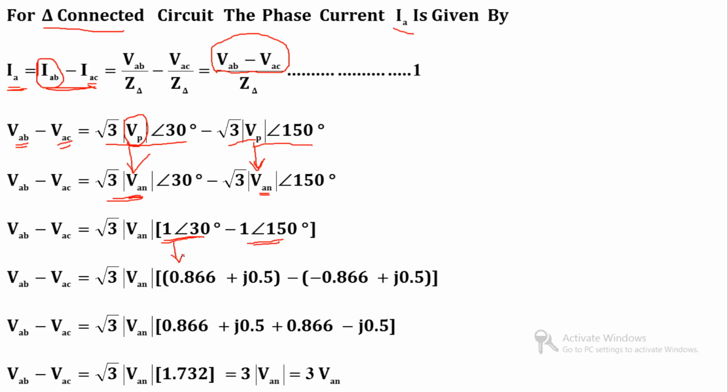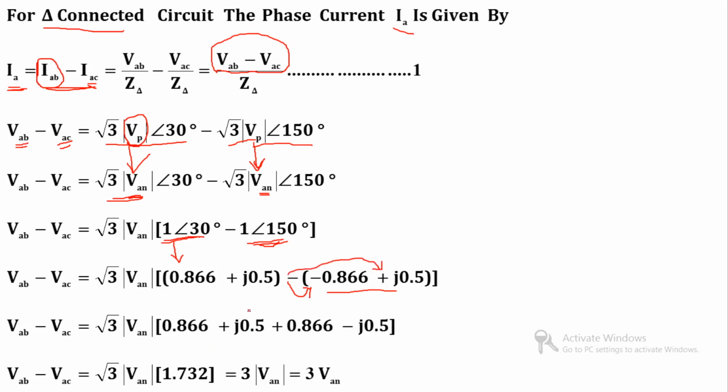So 1 at an angle 30 degree becomes 0.866 plus j 0.5, minus 1 at an angle 150 degree, which is equal to minus of minus 0.866 plus j 0.5. Open the bracket, so this minus becomes plus and this minus becomes minus.